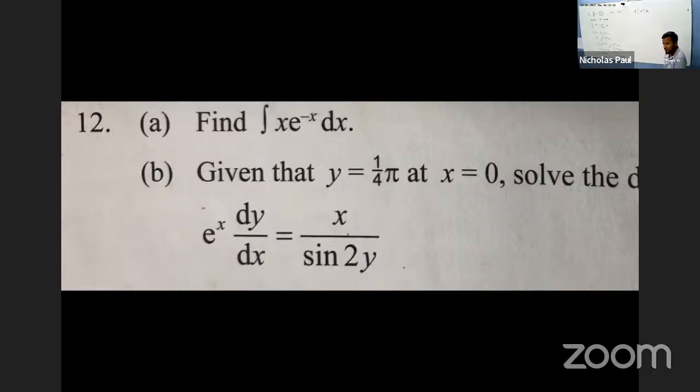Oh yeah, copy down the whole thing. I want to take it off. Right, and try to solve B now. Of course, we need part A and B.